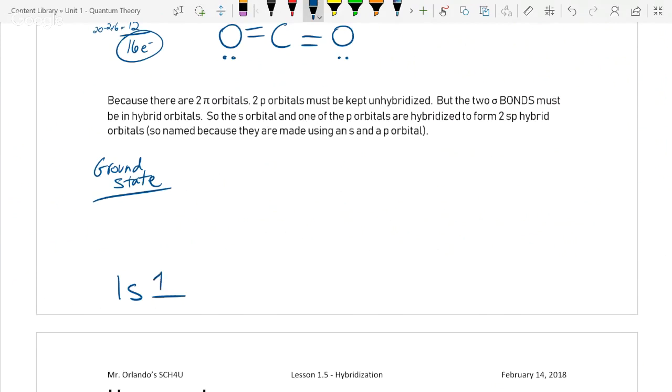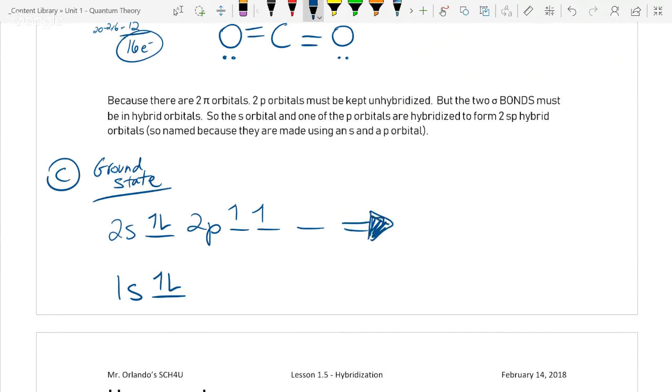So in carbon's ground state, it has a full 1s, a full 2s, and then this 2p thing going on, right? So I want you to figure out what it must look like, how it's going to hybridize, and what's going to be left.